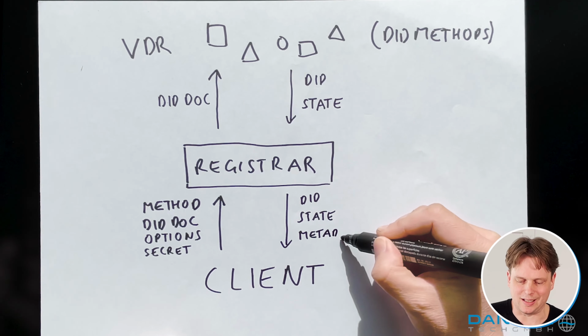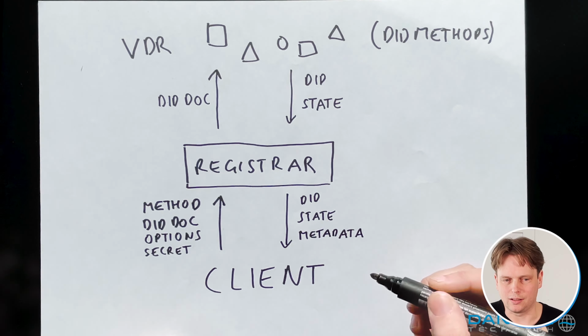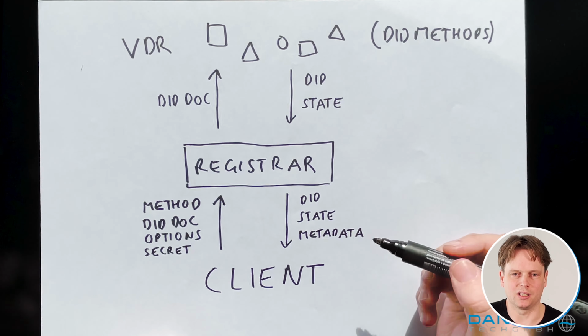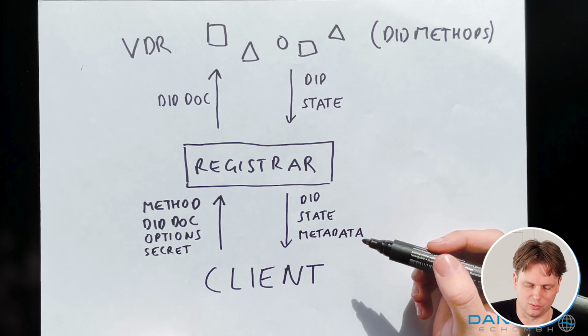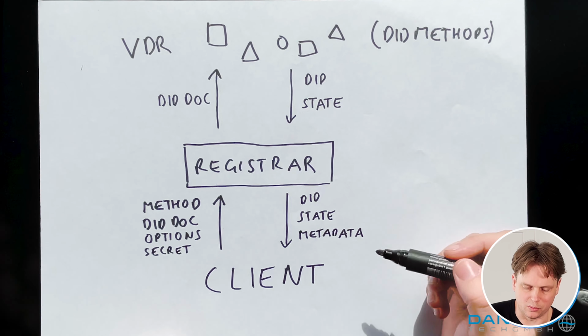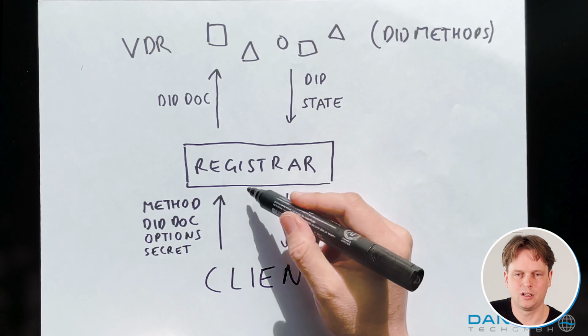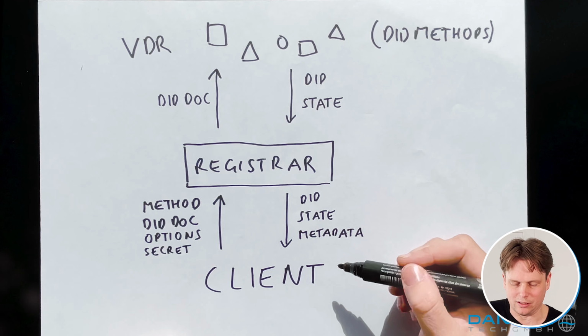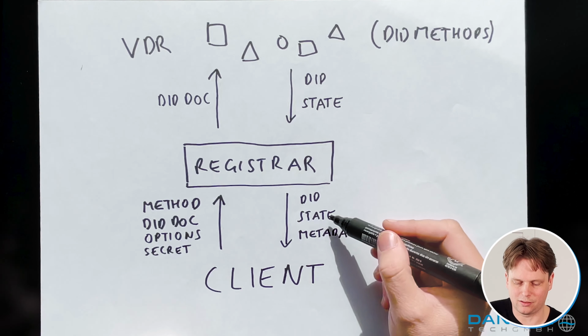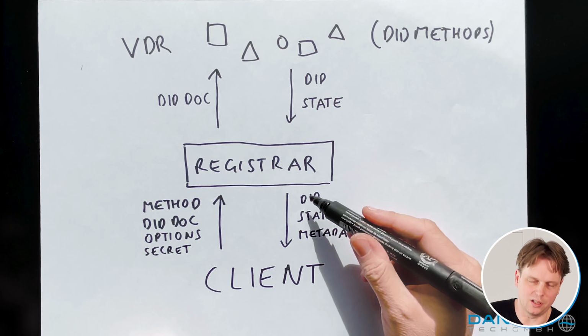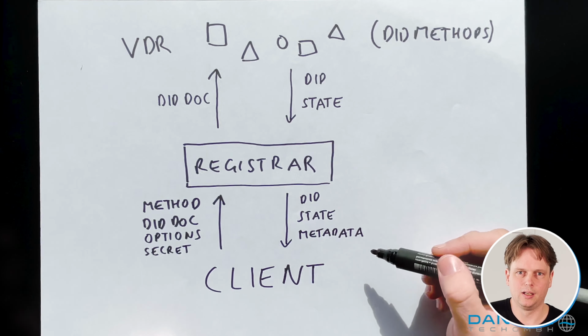And why is there a state? So this is important to understand, that creating a DID sometimes involves multiple steps, right? So it's not like DID resolution where there's just one round trip or one request and response, but the client may have to interact with the registrar multiple times. And the current state of the DID creation process is being tracked by this registrar.